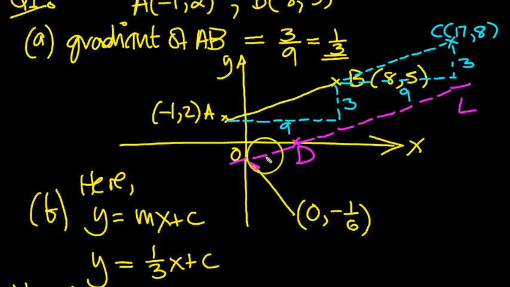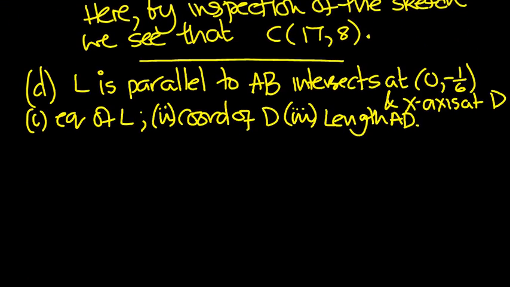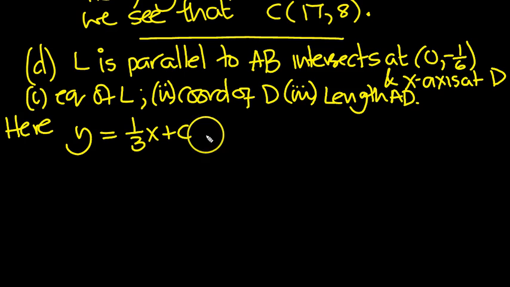We know the gradient is the same as AB, which is a third. And it goes through this point, so we can get the equation easily. So the first thing to do is the equation of L. Here we know it's parallel, so it has the same gradient: y equals a third x plus c.